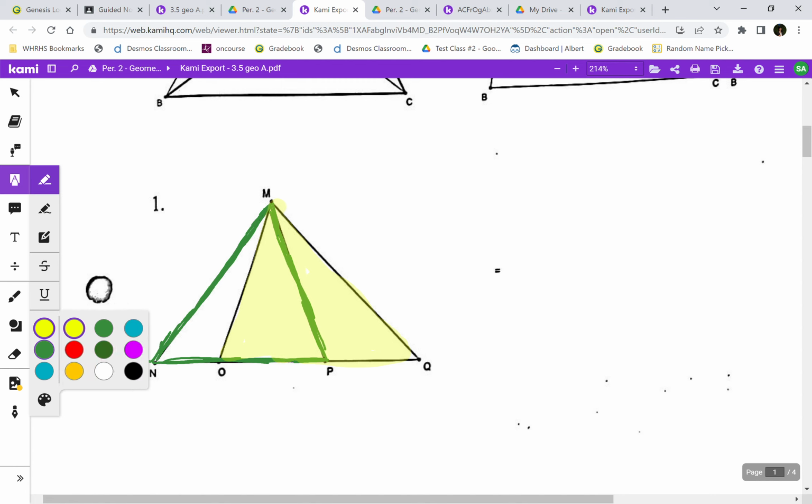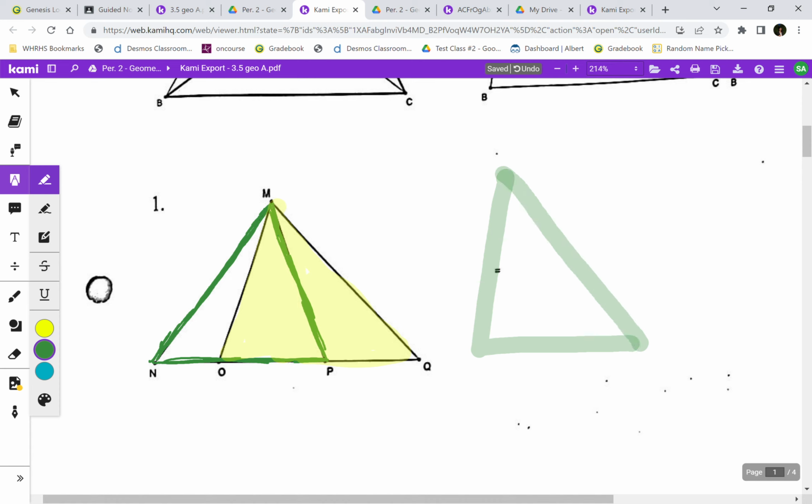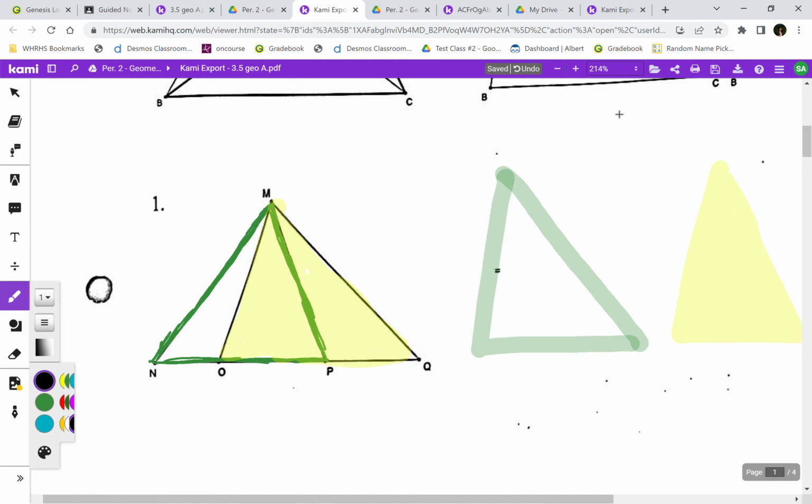So I highlighted them. Now I'm going to redraw them. So we have triangle M and P and MOQ.